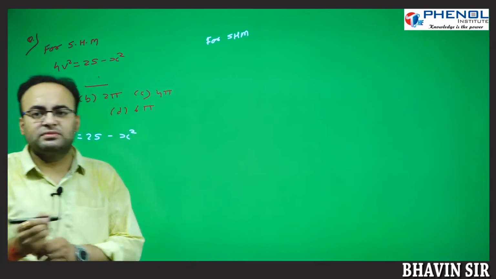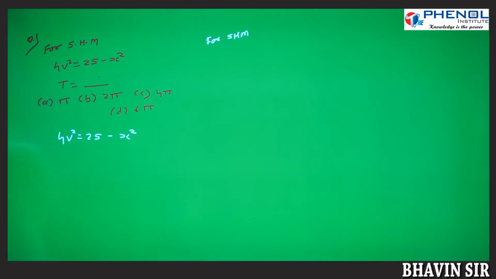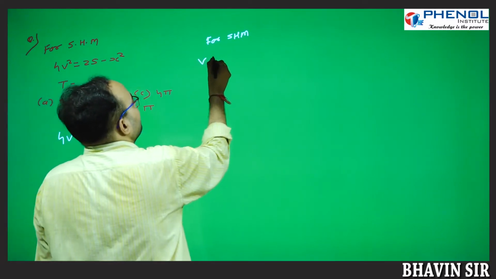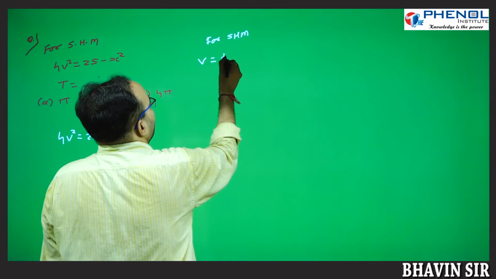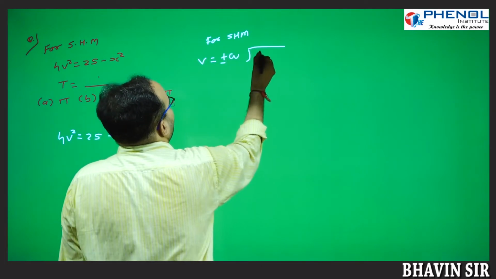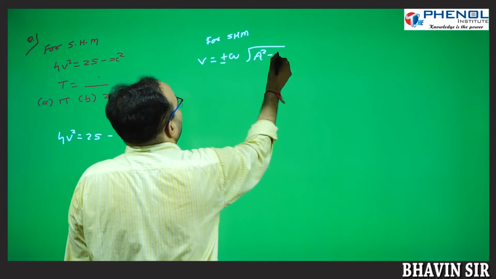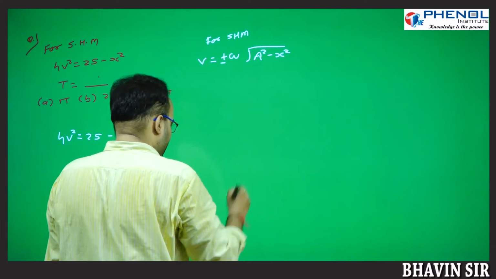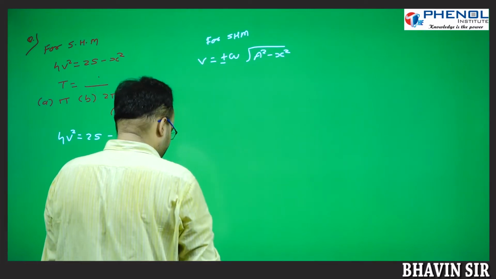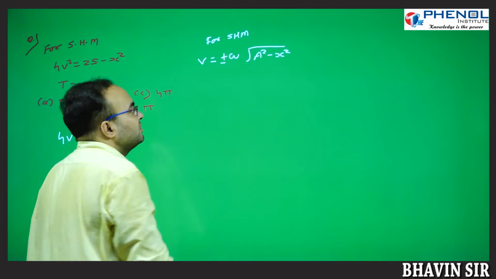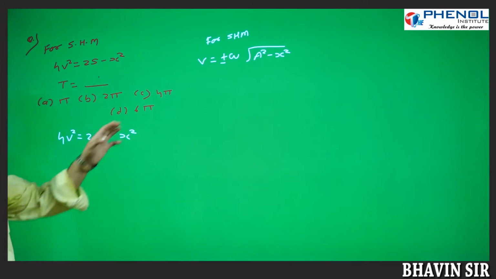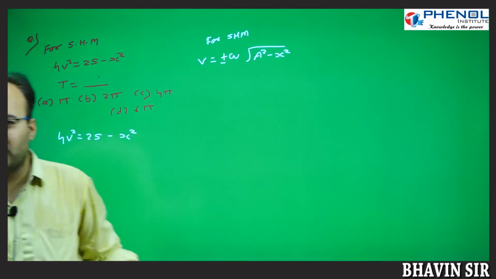For SHM, velocity is given by v equals plus or minus omega under root a square minus x square. Okay, so this is the equation of velocity for SHM.